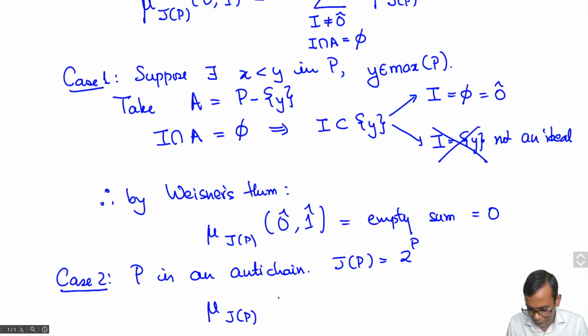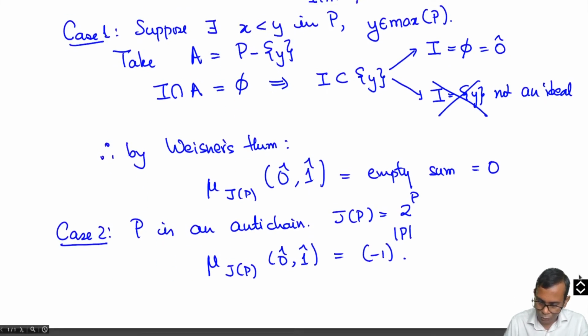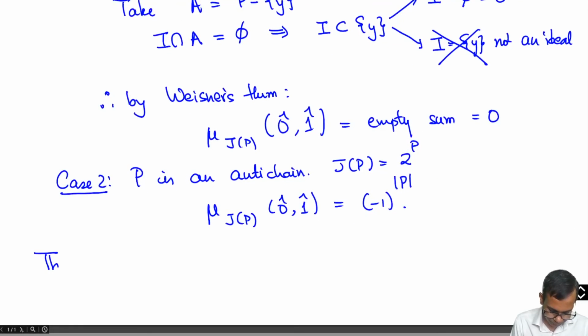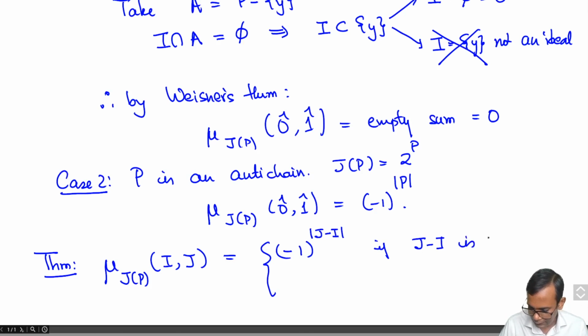We have mu Jp of 0 hat 1 hat is minus 1 to the power cardinality of P. So the upshot of all this is that mu Jp of I, k is equal to minus 1 to the power cardinality of k minus I if k minus I is an antichain, and 0 otherwise.